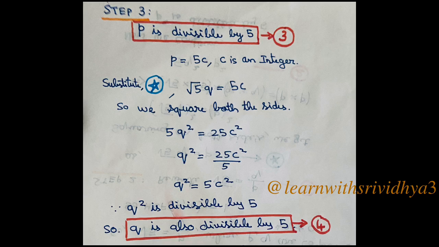So when equating these both and squaring on both the sides and solving, we get q square is equivalent to 5 times c raised to the power 2. So now we find that q square is divisible by 5 as we found in the previous step. Now q is also divisible by 5.